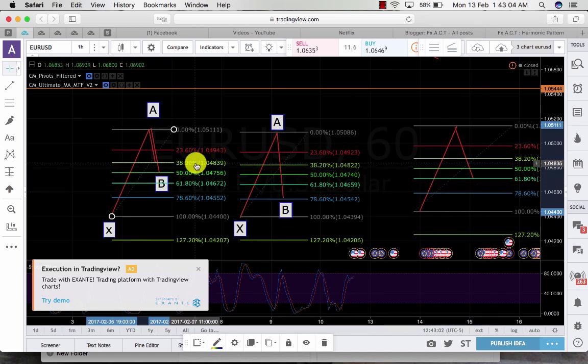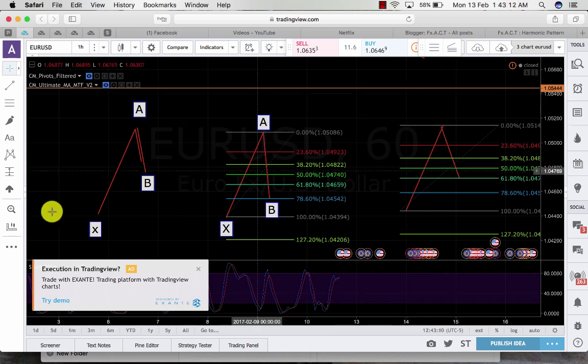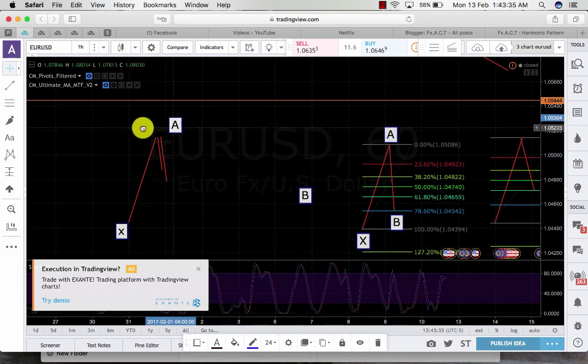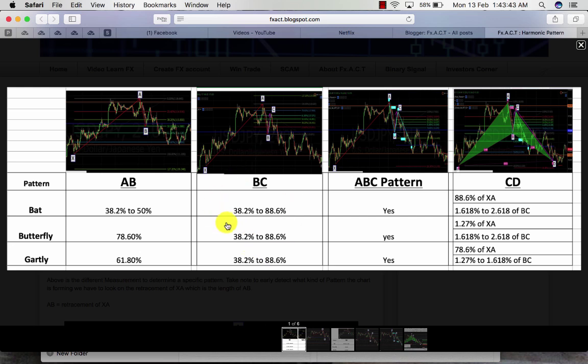So now let's go back here. Let's go back to the bat pattern. It says on the BC of the bat pattern, all of it will have 38.2 to 88.6. So these are the exact measurement for BC. So from 38.2%.